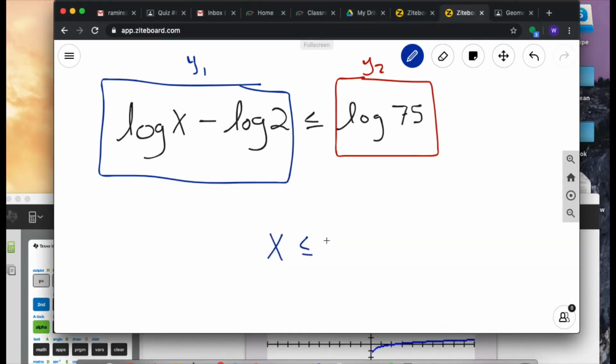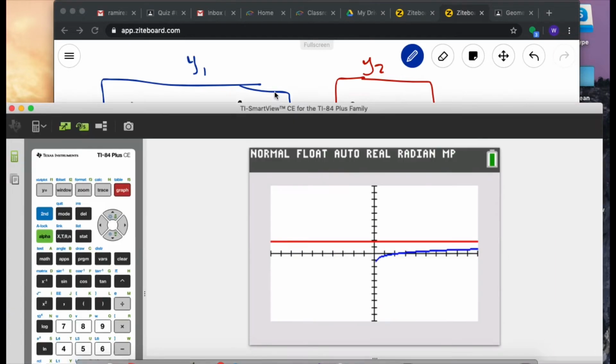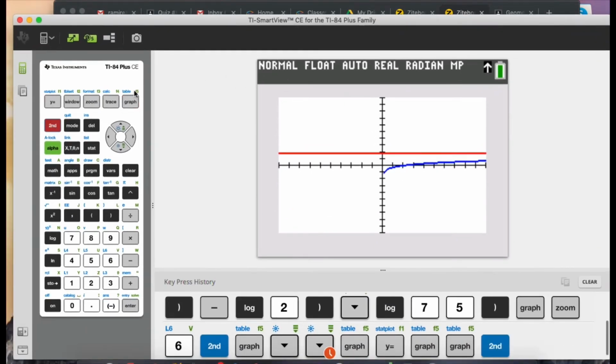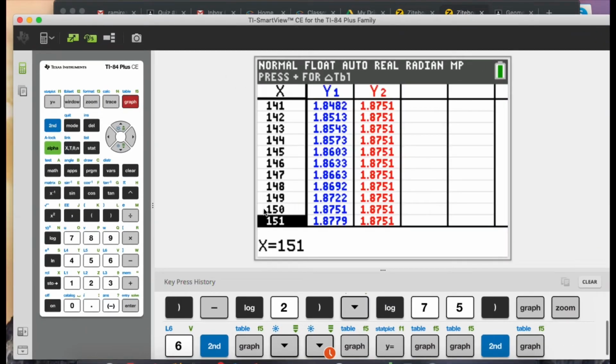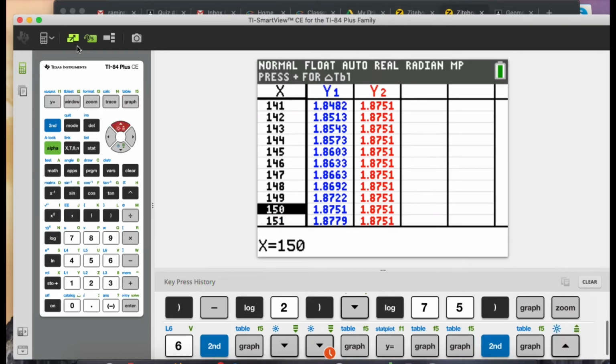So X is less than or equal to 150 due to this number right there. So that's the first way I can check it.